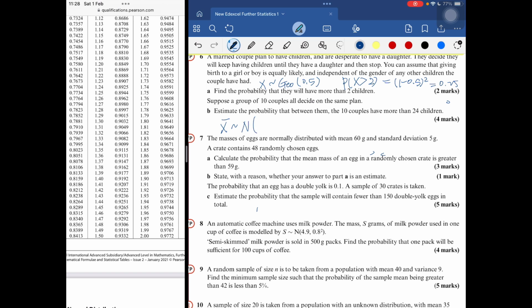When the geometric parameter is 0.5, the mean mu is 1 over p, so it's 2, and the variance, standard deviation squared, is (1 minus p) over p squared, so again 2. So now we can tell this follows the normal distribution with mean 2 and standard deviation square root of 2 over square root of 10. So now we are thinking of each of them separately, like 10 samples.